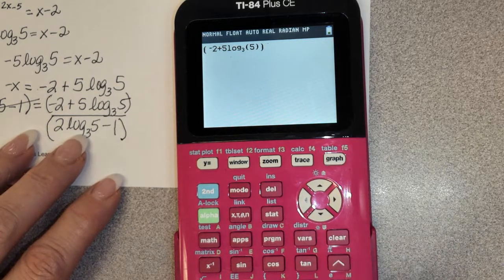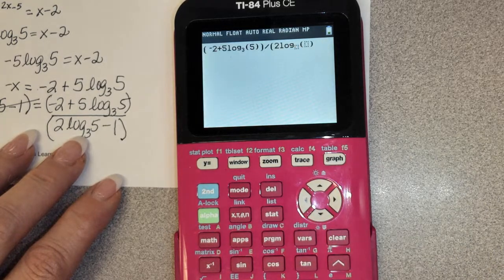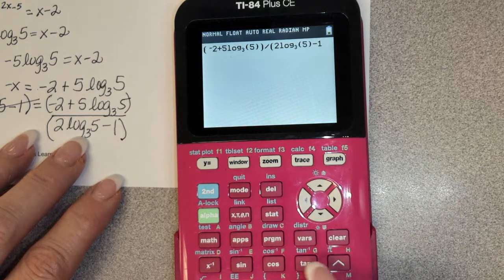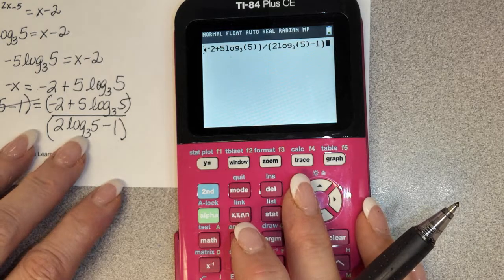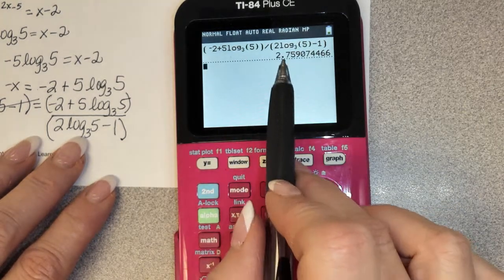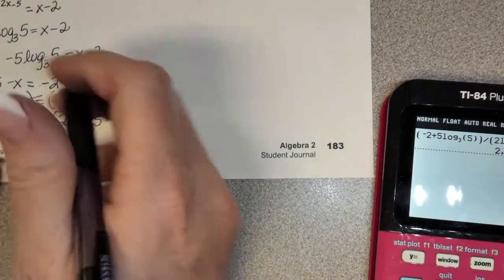So now I do divided by parentheses 2 log base 3 of 5 minus 1 on the outside. Okay, that's how we type it up. All right, and so now we push enter, and there's what we get, 2.75, or 2.76 to the nearest hundredth.